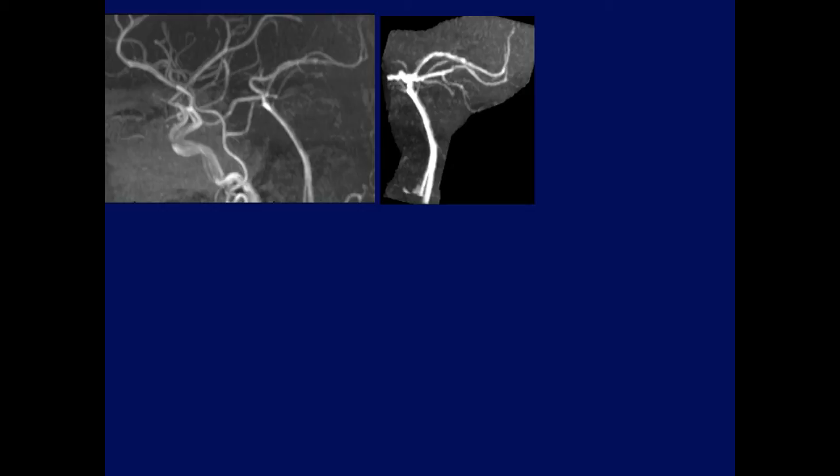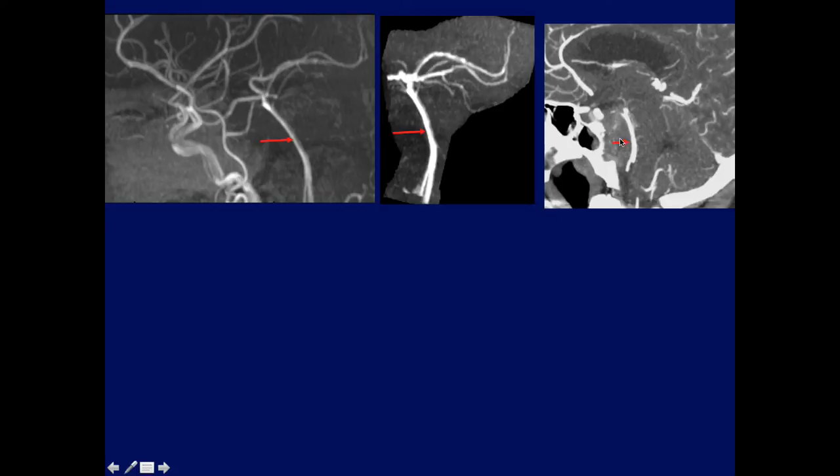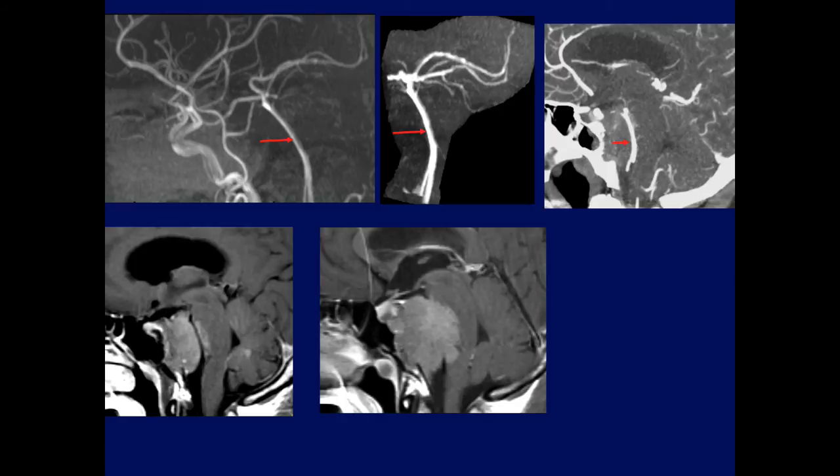But what is it besides being displaced posteriorly? It's arced. Look at the CTA, kind of a classic arcing of the vertebral system. And what's the cause of it? A very large tumor arising from the clivus.